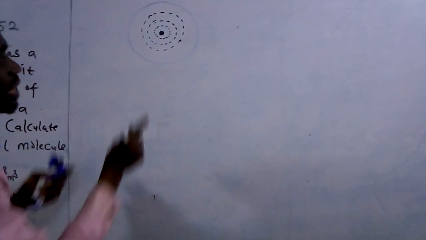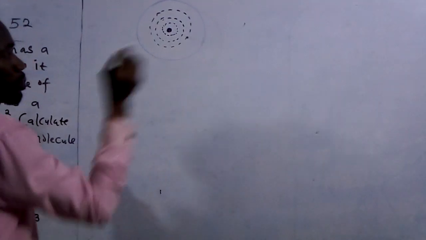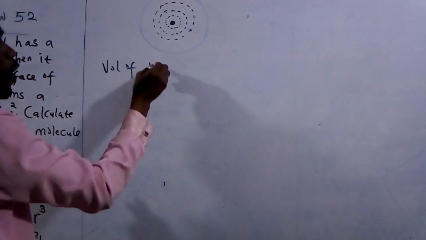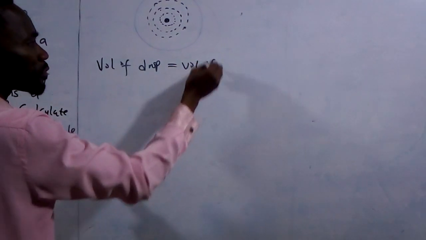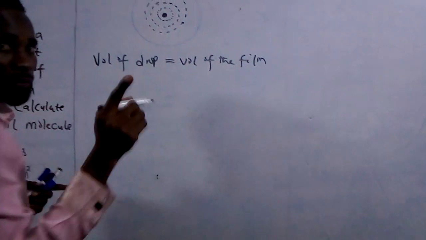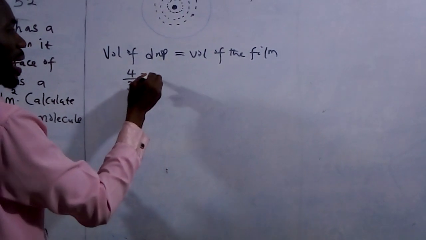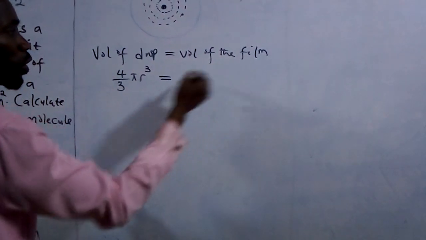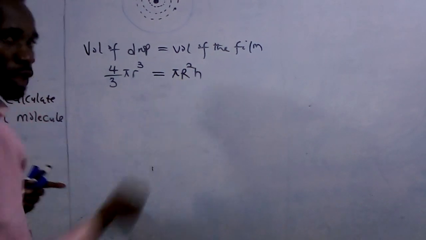I want us to understand that as the drop spreads out, it forms a constant volume, meaning that the volume of the oil drop will be equal to the volume of the oil film. So we'll have that 4 over 3 pi r cube will be equal to the volume of the oil film, which is pi r squared h.